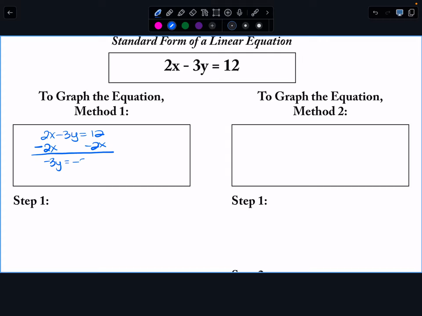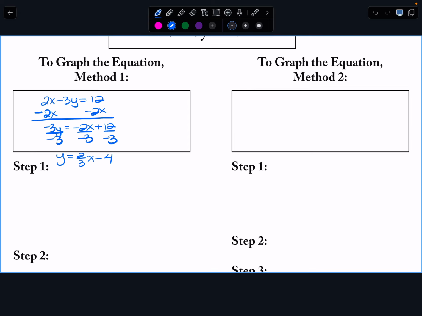So I have a negative 2x plus 12. So don't do weird stuff and start combining them when you're not supposed to. Okay. I can then divide everybody by 3 individually. So I divide everybody by negative 3 and I get positive 2/3 x and a minus 4. So I can do my slope intercept form if I want to.